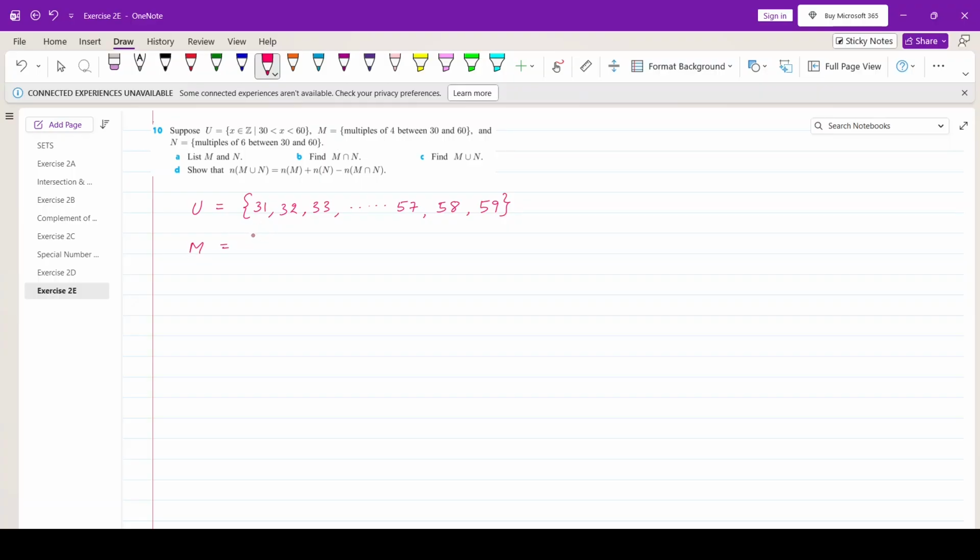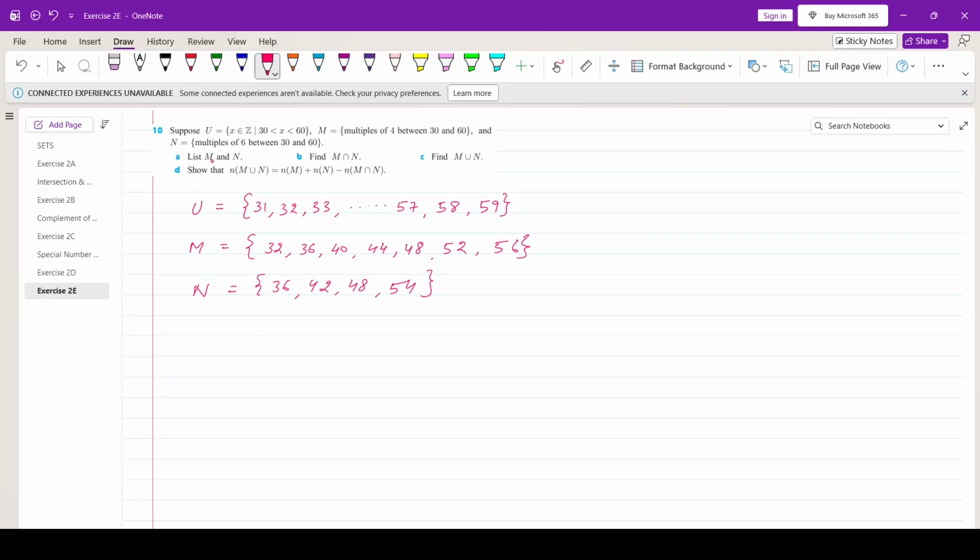M is a set of multiples of 4 between 30 and 60, that will be 32, 36, 40, 44, 48, 52, 56. That's it. And N is a set of multiples of 6 between 30 and 60. So that will be 36, 42, 48, 54. Yeah, that's it.